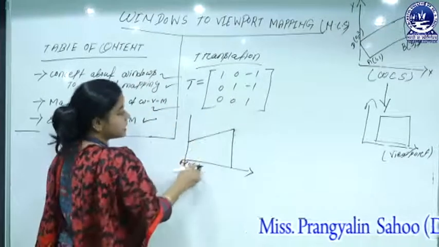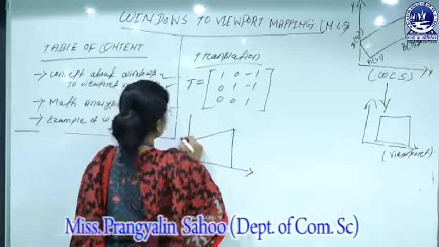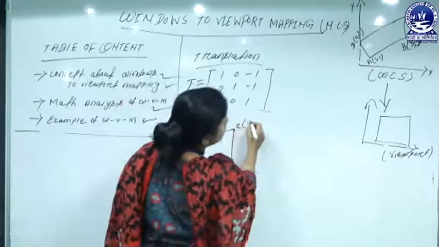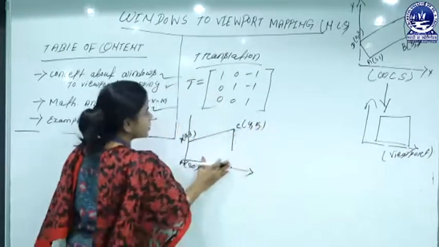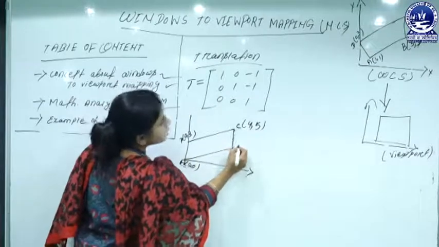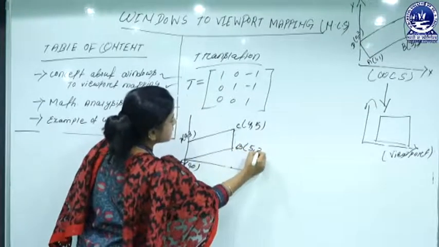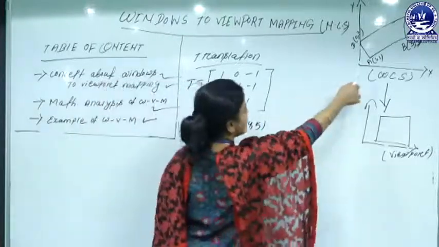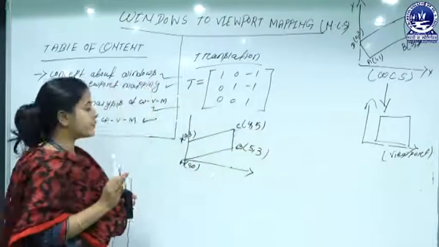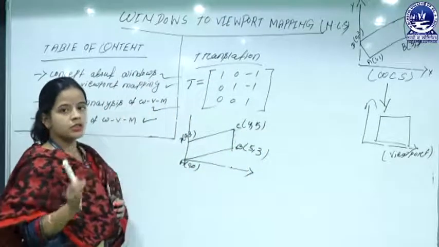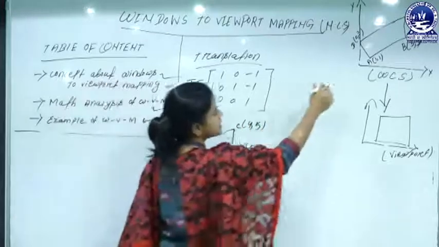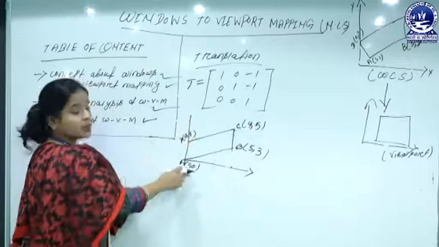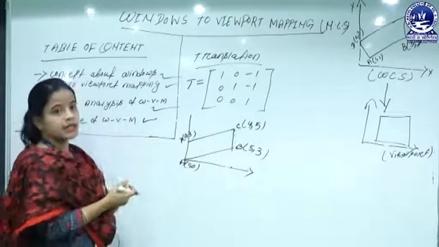That means here a is 0 0, but the d coordinate is 0 3, and similarly the c coordinate value is 4 5, and the b coordinate value is b of 5 3. Okay. As we know, in case of the translation method, you have to move the coordinate points from one location to another location. That means here the coordinate 1 1 is now moved from a of 1 1 to a of 0 0. Okay. So that's your translation.